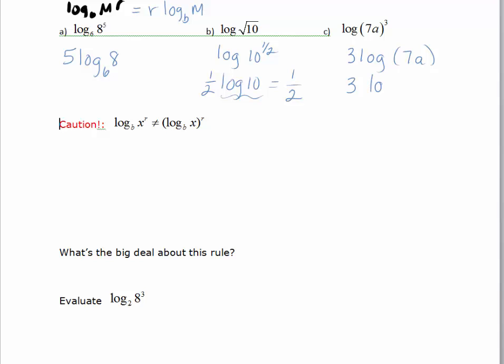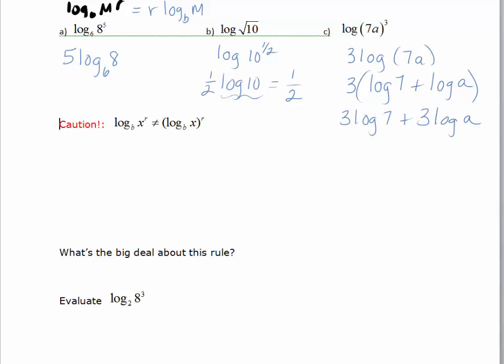Now the log of 7a is the log of 7 plus the log of a, and since I'm multiplying, I now have to multiply a sum. Without the parentheses here, I'm really just multiplying the log of 7 by 3, when in fact I need to multiply the whole sum by 3. Then we'll distribute the 3, and this is considered expanded.